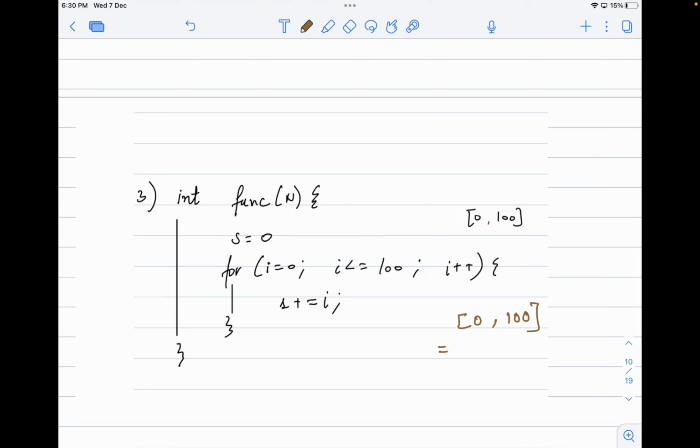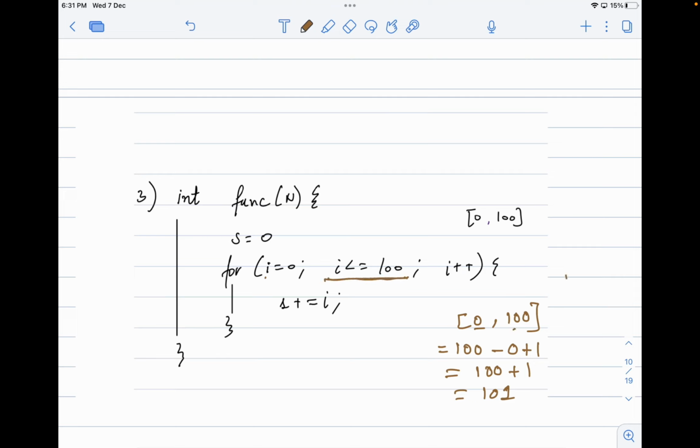So in this case, how many iterations will happen? 0 to 100: 100 minus 0 plus 1 is equal to 101. Simply see, I is starting from 0 and it is going till 100.